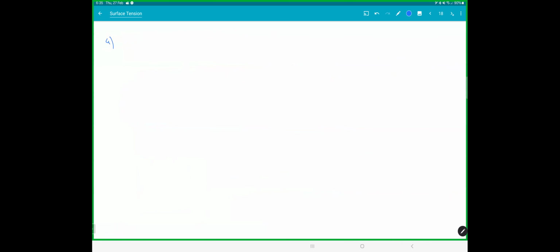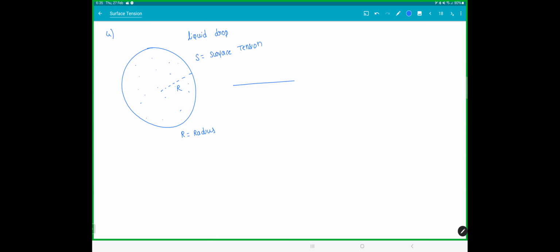So we have a big spherical drop. Remember, this is a liquid drop. Radius is r. Surface tension is s. So this is broken into n identical drops.